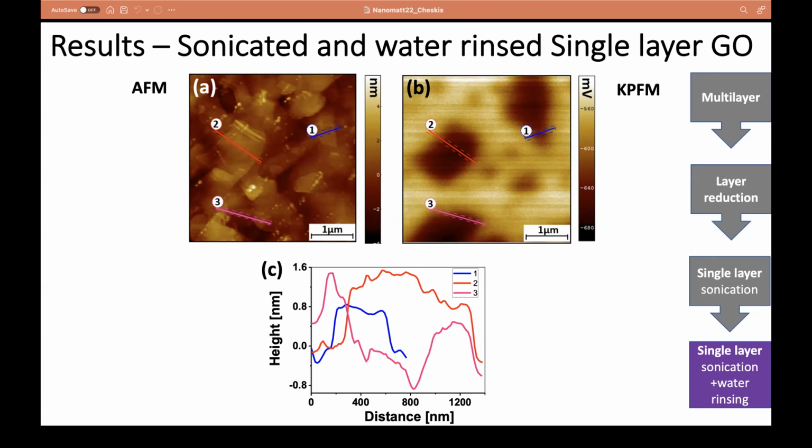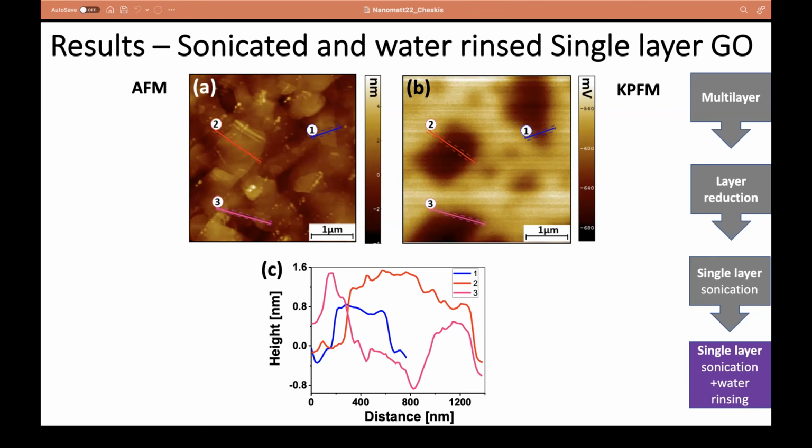However, after water rinsing, not all flakes were removed from this substrate. Part of them is saved, okay? And we measured these saved flakes, and we see that the height of these flakes is reduced even more, even below 1 nanometer.